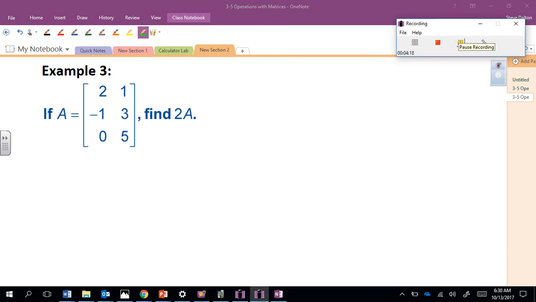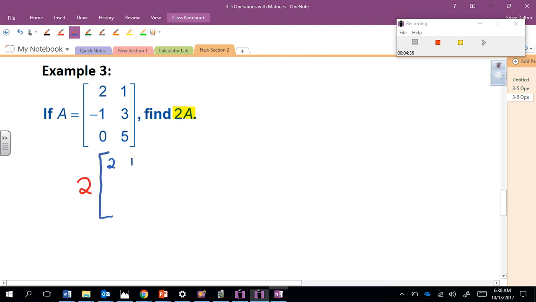Alright, so to do this, it's really straightforward. Again, it wants us to find 2A, and then all we need to do is put our matrix in. So it's going to be 2, the scalar, multiplied by our matrix, which is 2, 1, negative 1, 3, 0, 5.